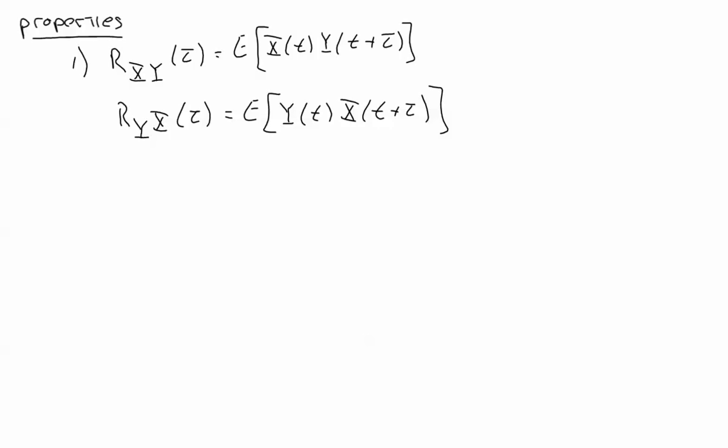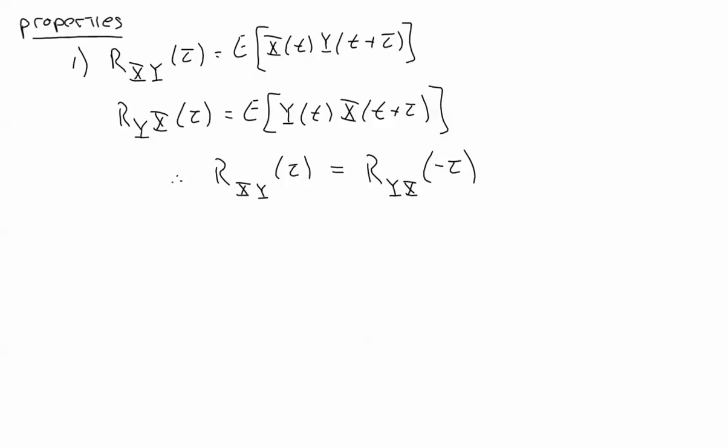So hopefully you'll see that when I subscript it this way, the cross correlation r_xy of tau equals r subscripted yx evaluated at minus tau.